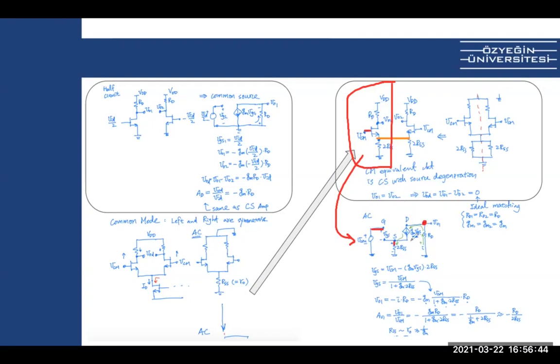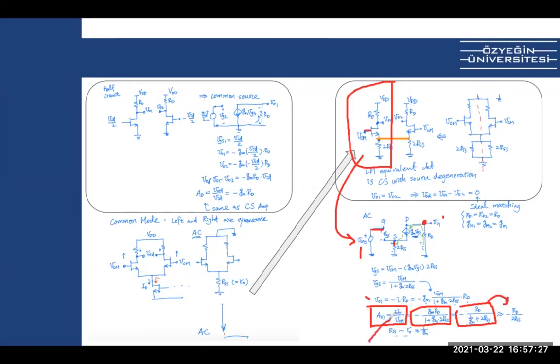We again find the gain, right? And VO1 divided by VCM, as you can see here, is GMRD divided by 1 plus GM times 2 RSS. So because RSS is big, doing some simplifications, canceling GMs and so on, we get this, and we can write again minus RD divided by 2 RSS. Okay, and this is called common mode gain.